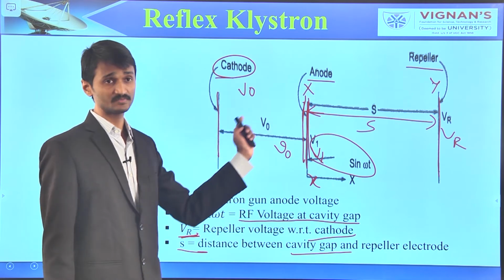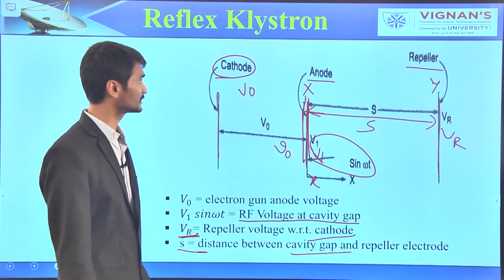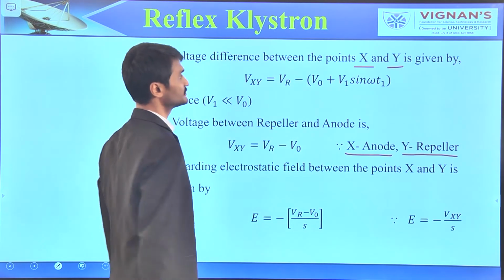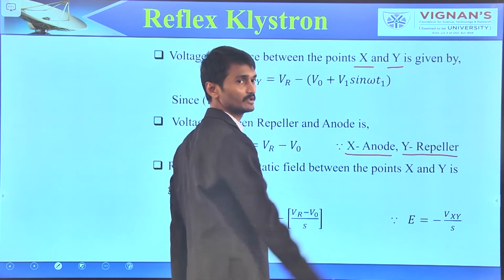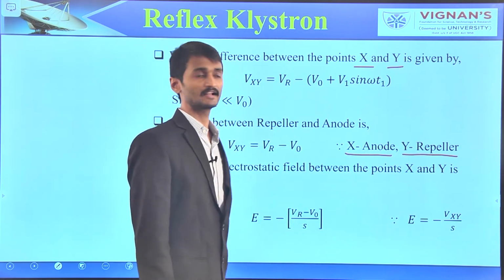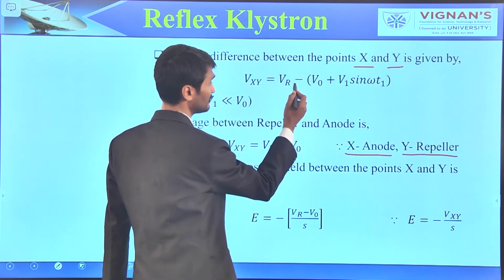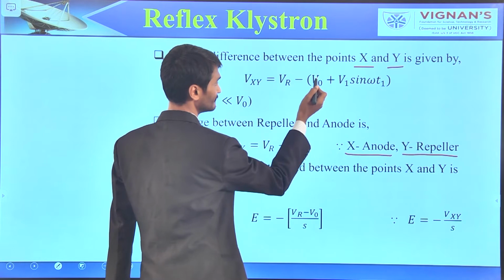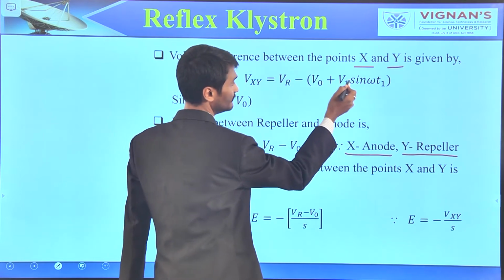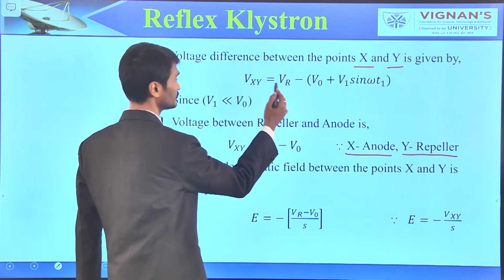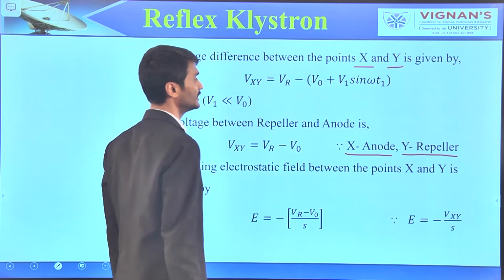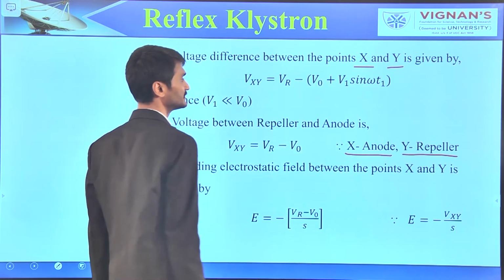The voltage difference between these 2 points, the anode and the repeller electrode, is given by Vxy equals Vr minus the anode voltage, that is V naught plus V1 sin omega t1. So Vxy equals Vr minus (V naught plus V1 sin omega t1).